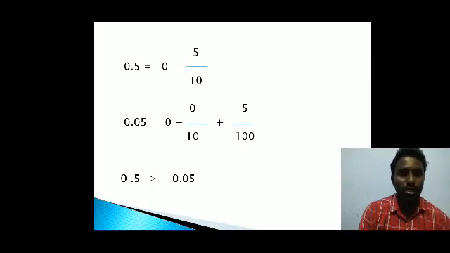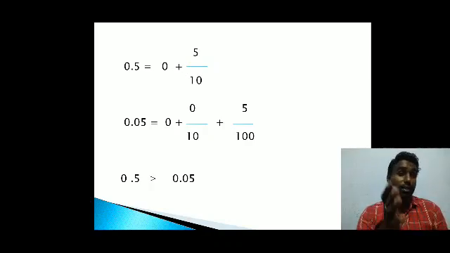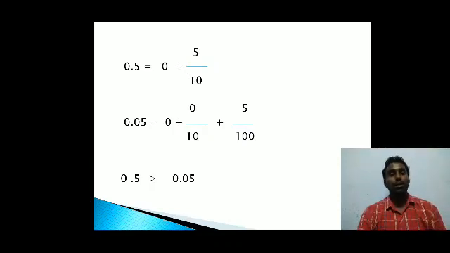First you have to see whether the whole number is equal, and the next step you have to see the 10th digit only. If the whole number and the 10th digit are also equal, then only you have to proceed to the next place, the 100th digit. Otherwise you have to compare in the 10th digit itself.